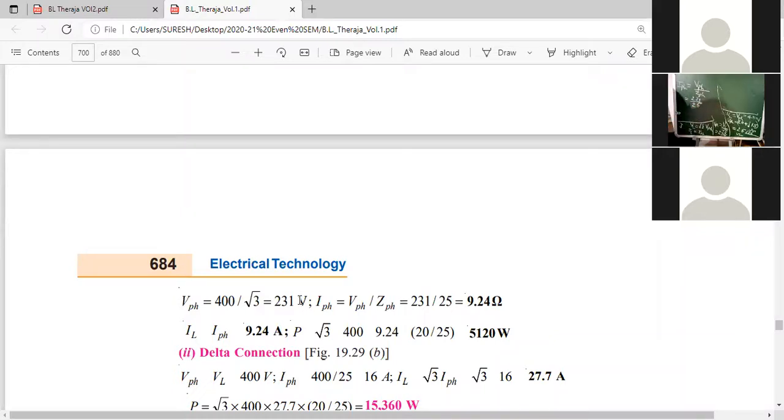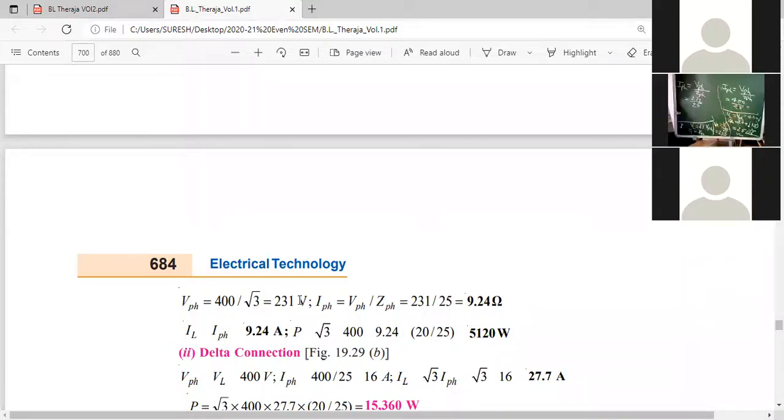Not exact, sir, I told approximately. Approximately 36. Okay, 25 at an angle 36. Similarly, in delta connection, I phase is equal to V phase by Z phase.